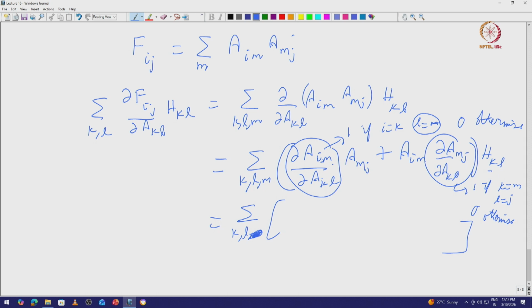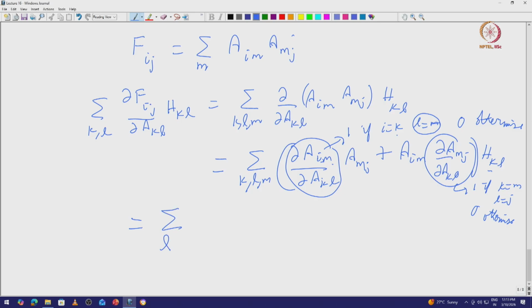So there is no summation over k here. It's more efficient to write them as two separate things. The first term is the summation over l.